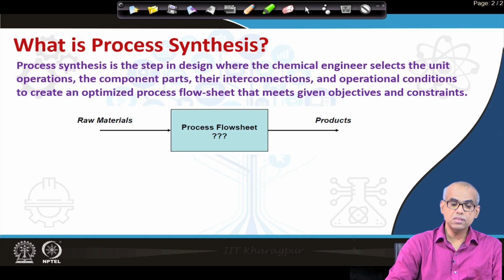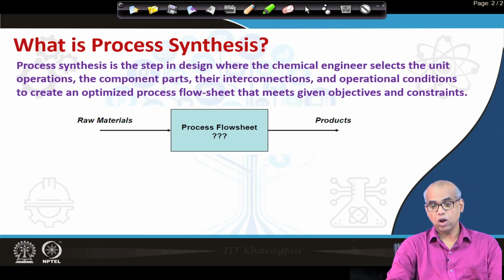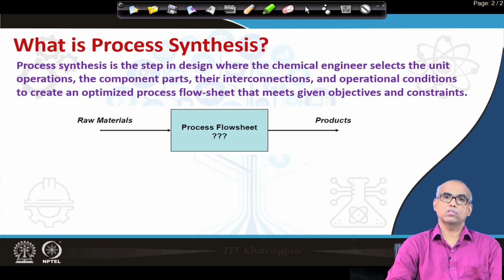So, process synthesis is the step in design where the chemical engineer selects the unit operations, the component parts, their interconnections and operational conditions to create an optimized process flow sheet that meets given objectives and constraints.